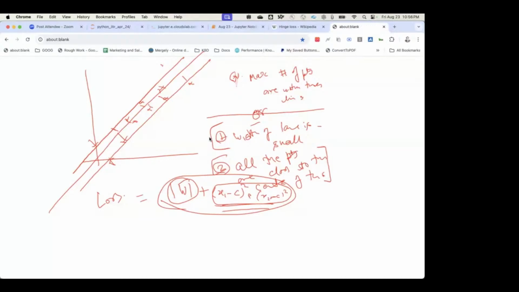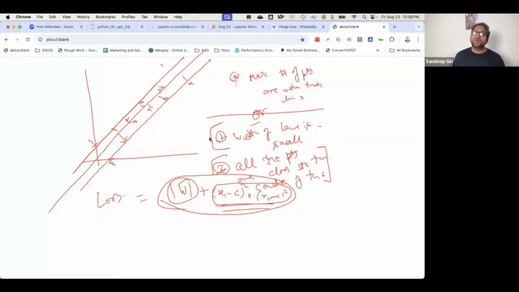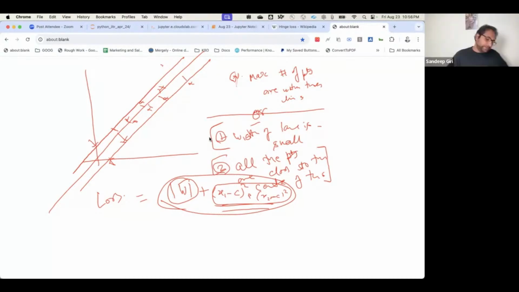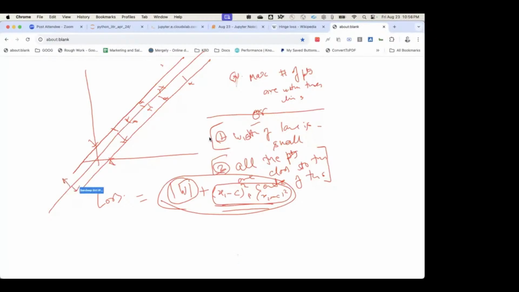Okay. So basically here we are trying to find out not the line, but how far that line can move in both directions from the center. I don't know how to put it. But yeah, from the center to incorporate as many points as possible, all the points, isn't it?